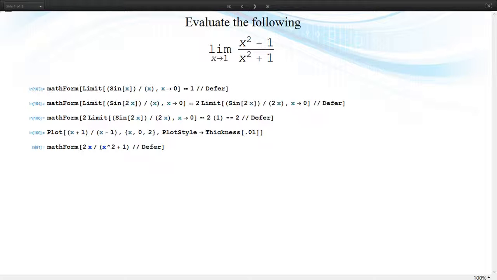Evaluate the following limit. Well, the first thing we want to do is factor, because x is going to a finite number and we have a rational function. So we'll have to factor and cancel all of the like factors from the numerator and the denominator. So we start off with the limit of x squared minus 1 over x plus 1, x squared plus 1.